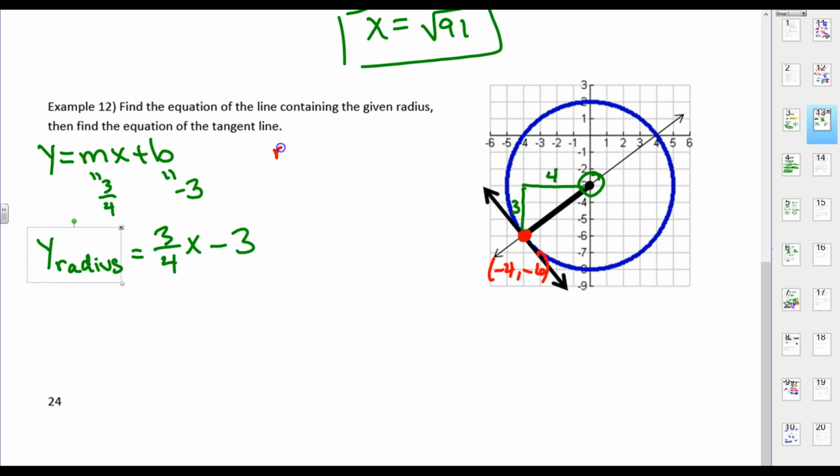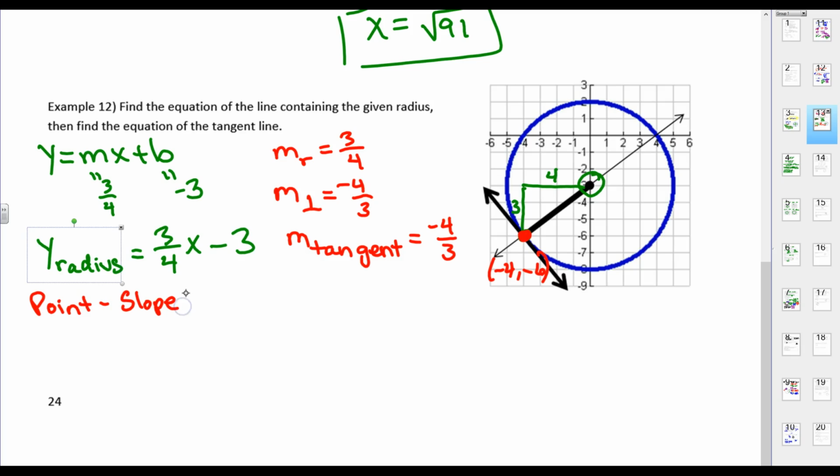Well, the slope of the radius was 3/4, and to make a perpendicular slope, we flip it and we change the sign, which means the slope of my tangent has to be -4/3.